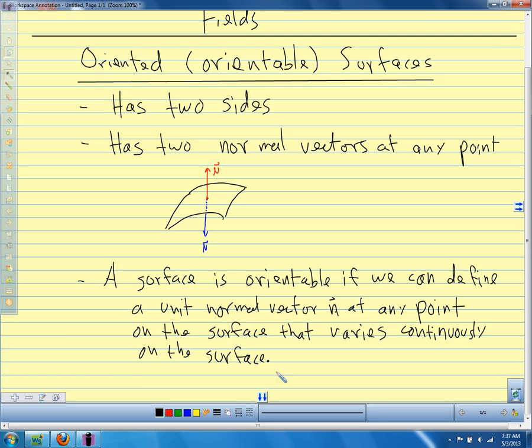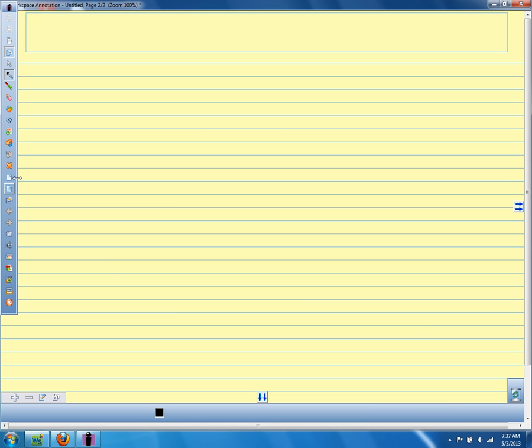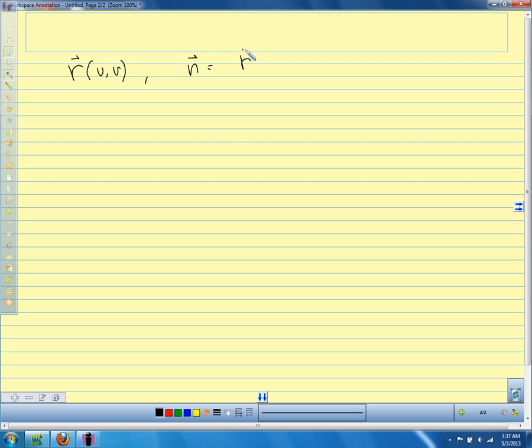So we have an upward normal vector and a downward normal vector. For a smooth parametric surface, if we have r of u and v, our unit normal vector n is going to be the cross product of our partial derivatives divided by the magnitude of that cross product.